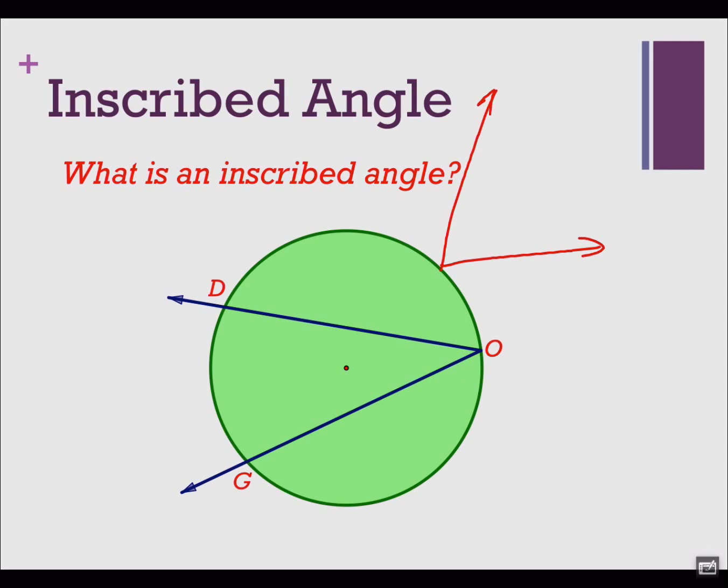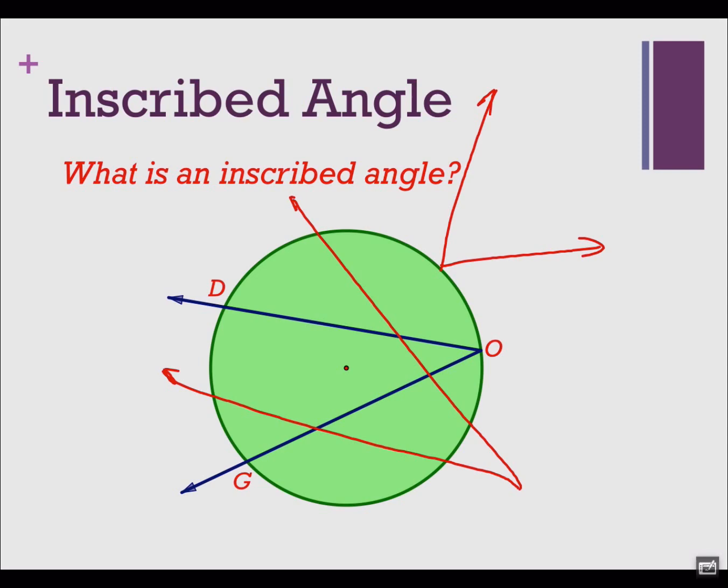An angle made up of two chords with a common endpoint. Okay, good. Well, no, because what about this? That satisfies your definition, right? Yeah. Okay, so how do you tweak your definition so that that doesn't work?